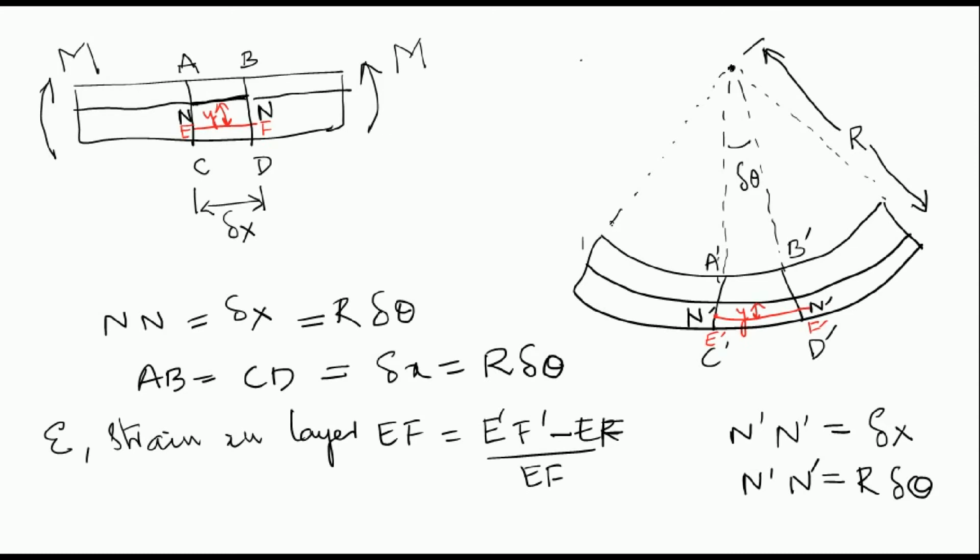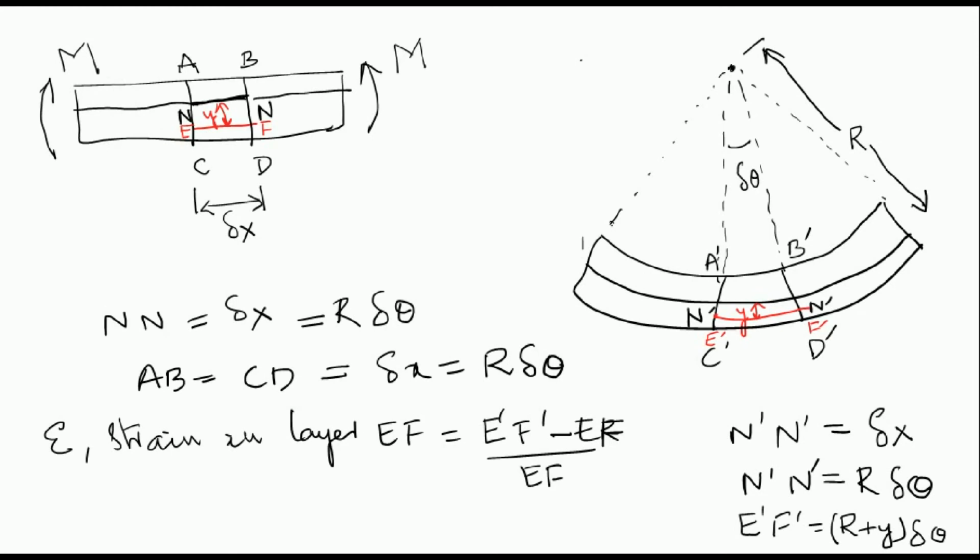So EF, unlike the neutral axis, is stretching. So E dash F dash is R plus Y, where R is the distance of the neutral axis from the center of curvature, times delta theta.